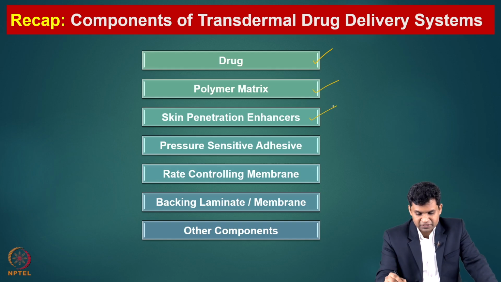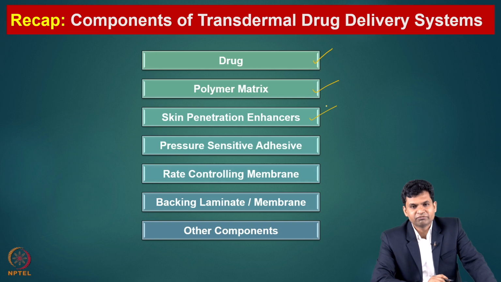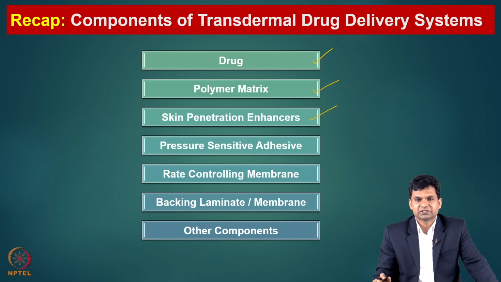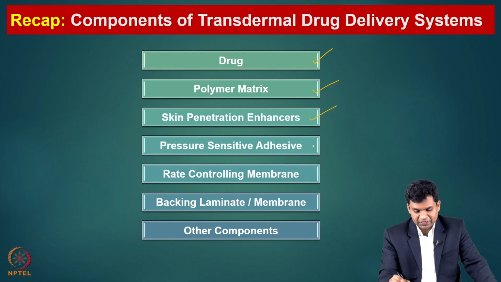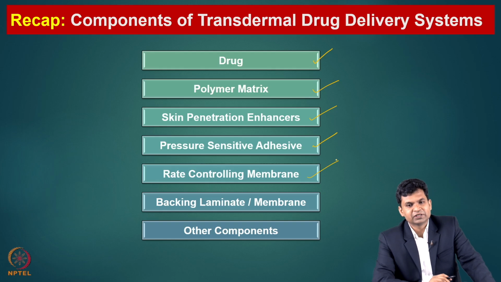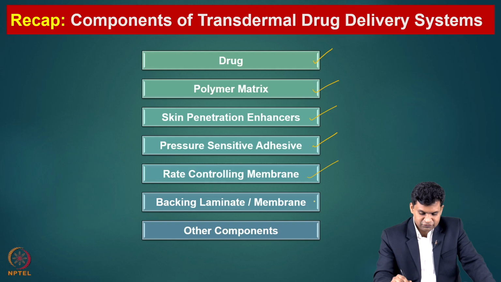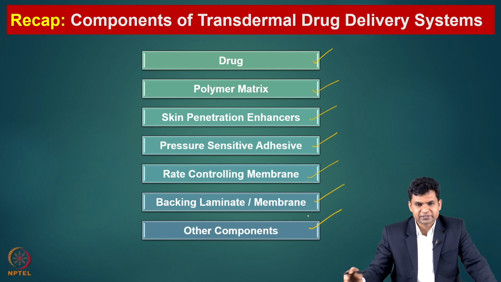After that we saw the importance of skin penetration enhancers in overcoming barriers during administration of transdermal patches. Then we saw the role of pressure sensitive adhesive, the importance of rate controlling membranes, the importance of the backing laminate, and the other components.